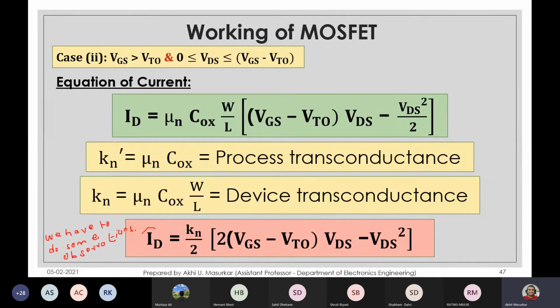Here you can see ID is a linear function of VGS, but ID is a parabolic function of VDS. The ID and VGS relationship is linear, whereas the VDS relationship is parabolic.